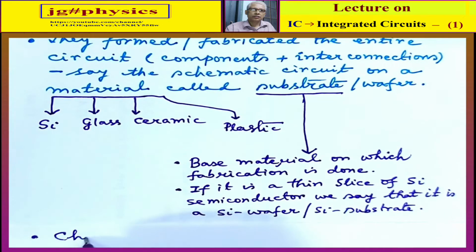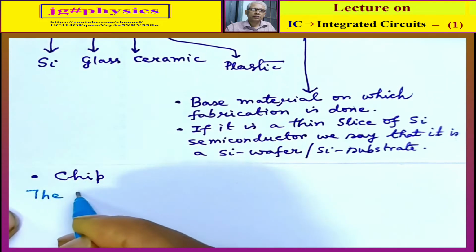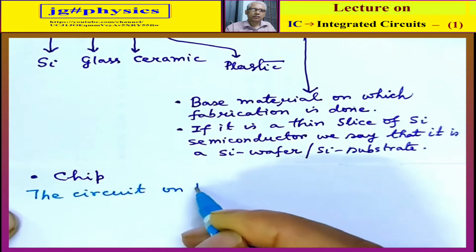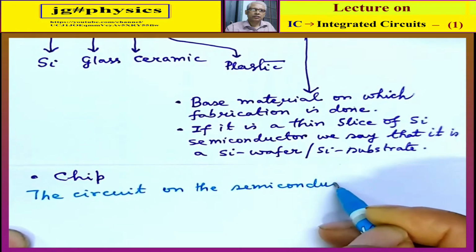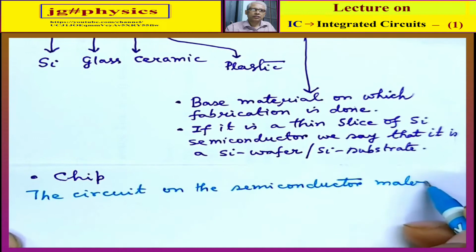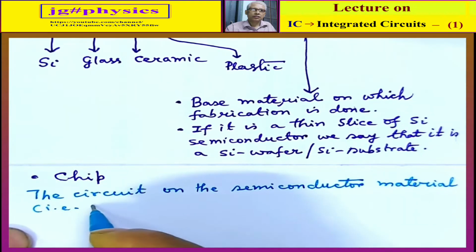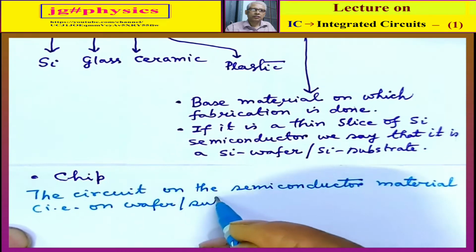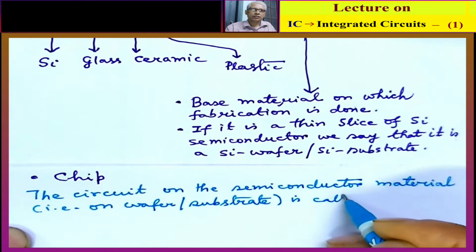Let us now define what we mean by chip. The circuit on the semiconductor material, that is on the wafer or substrate, is called chip.